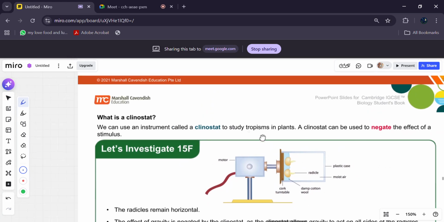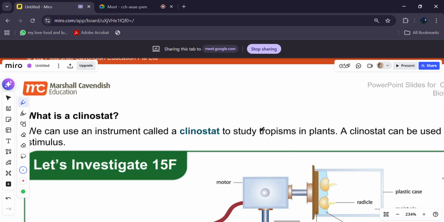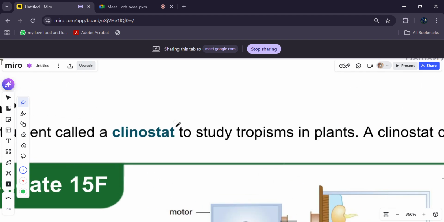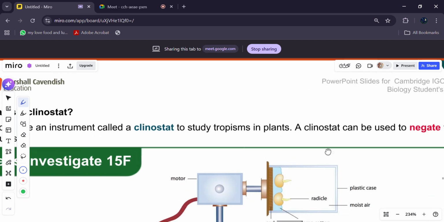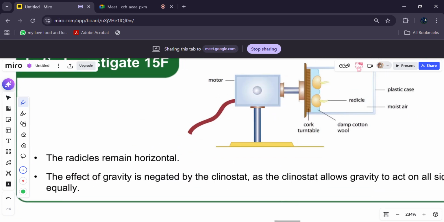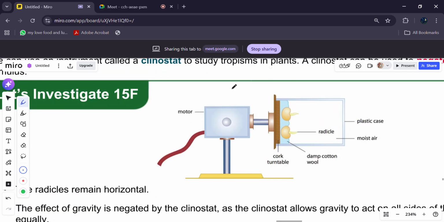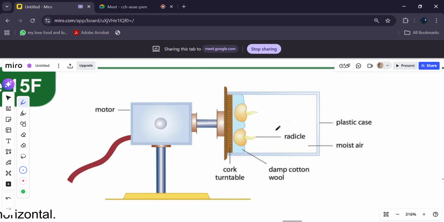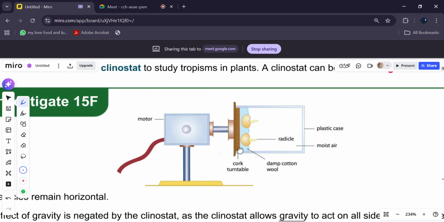Finally, we'll go to the clinostat. What is a clinostat? People use an experiment called a clinostat to study tropism in plants. A clinostat can be used to negate the effect of the stimulus. A setup of a clinostat was shown in this experiment. Here they have a motor, a cork, damp cotton wool, radicles, a plastic case, and moist air.